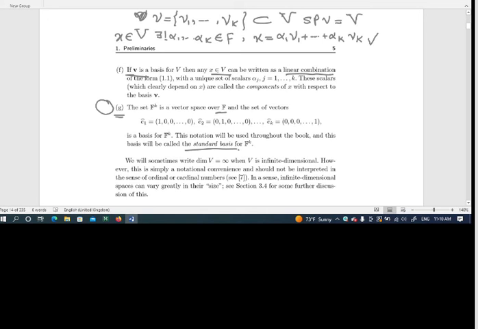We sometimes write dimension of V equals infinity when V is infinite dimensional.